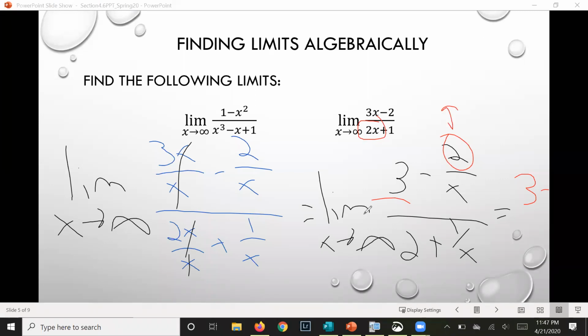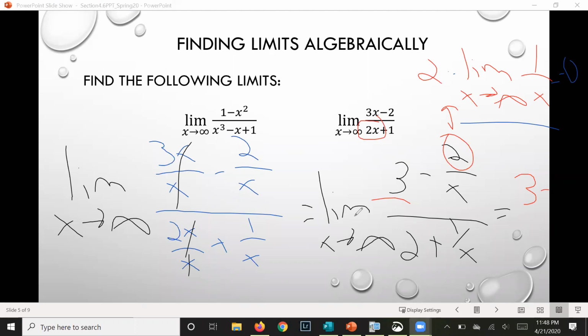So do a little scratch work here. So this would be 2 times the limit as x goes to infinity. If we take the 2 out, you'll see that just becomes 1 over x. And so notice this part right here is the limit as x goes to infinity of just 1 over x, which would be 0. You multiply that by 2, we're just going to end up with 0.